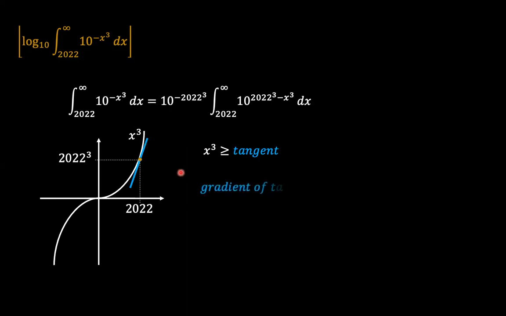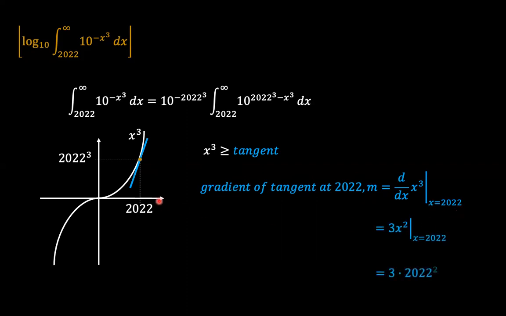So what is the gradient of the tangent at any of these points? First of all, if we limit ourselves to when x is equal to 2022, the gradient is the derivative of x cubed, substituting in x equals 2022. So essentially, the gradient of the tangent at x equals 2022 is 3 times 2022 squared.